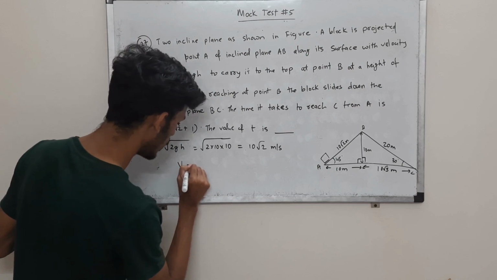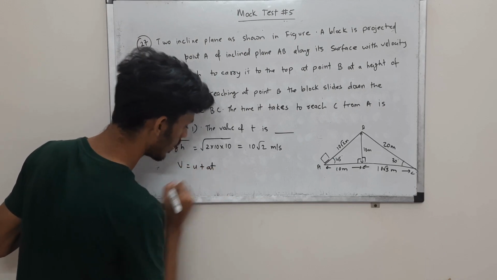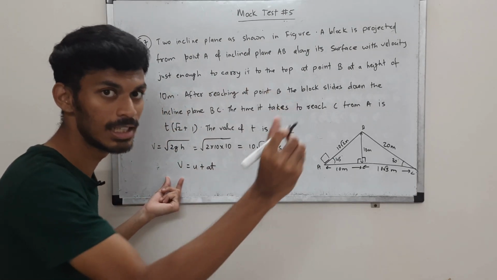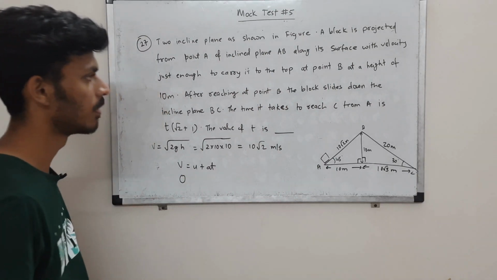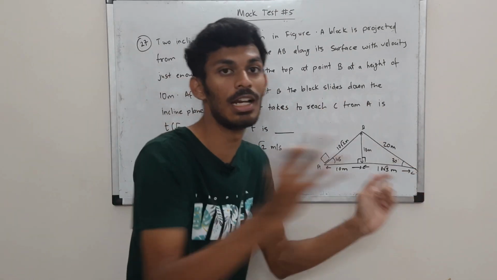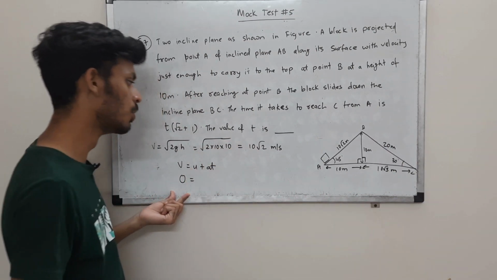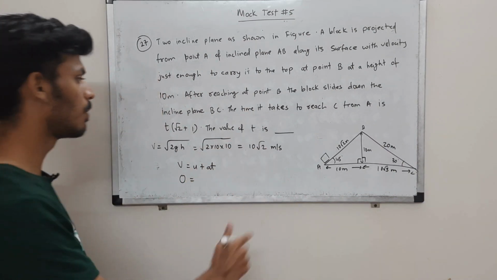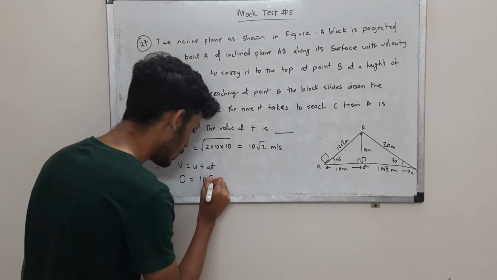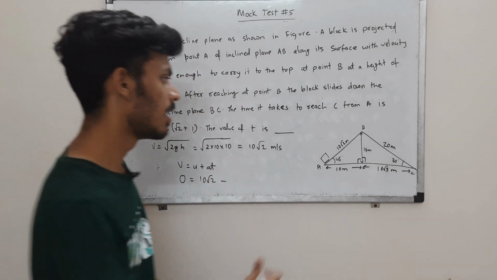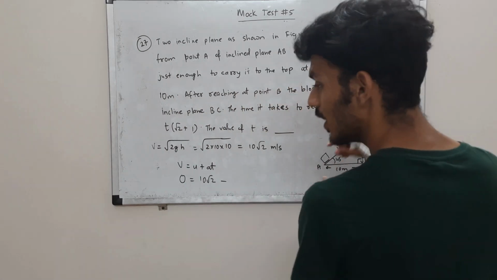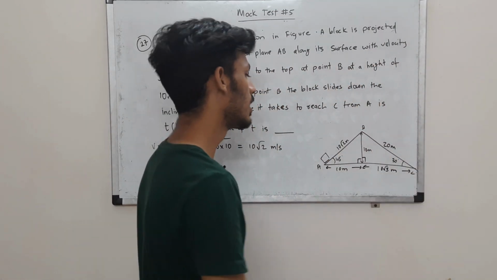We can use v is equal to u plus at. The final velocity on reaching point B becomes 0, right? We just provide enough velocity so that it reaches point B and stops. So v is 0. U, the initial velocity that we had provided, is 10 root 2. Now acceleration is down the incline, since we are projecting it up the incline.